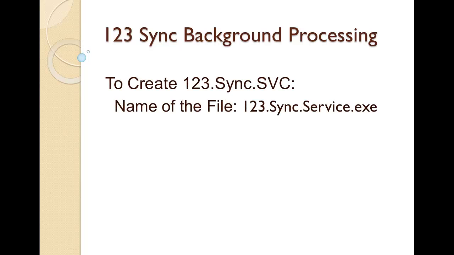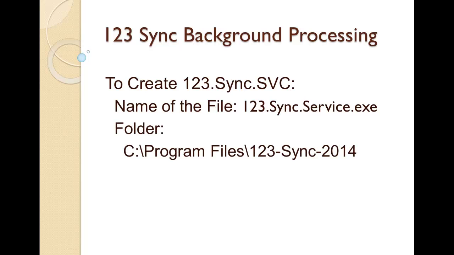So how would you manually create a sync service? The name of the file that is our sync service is called 123.sync.service.exe. It resides nowhere else but in the 123-sync.2014 folder, which is our installation folder. So you call this file.